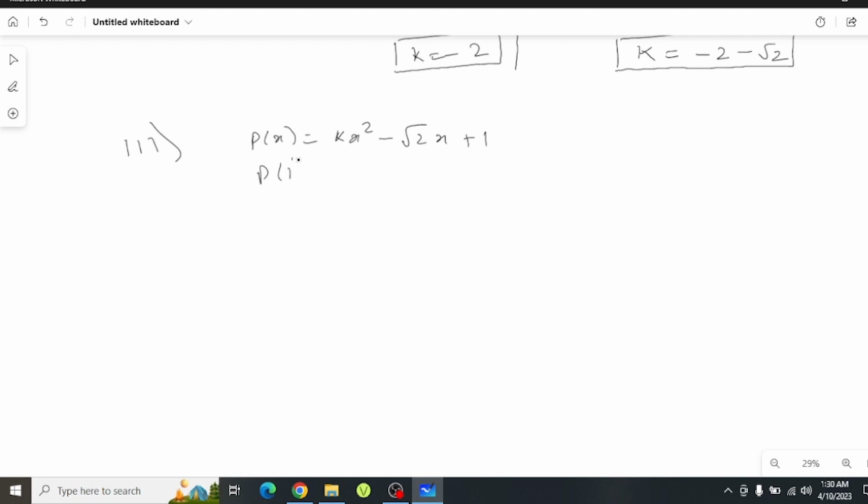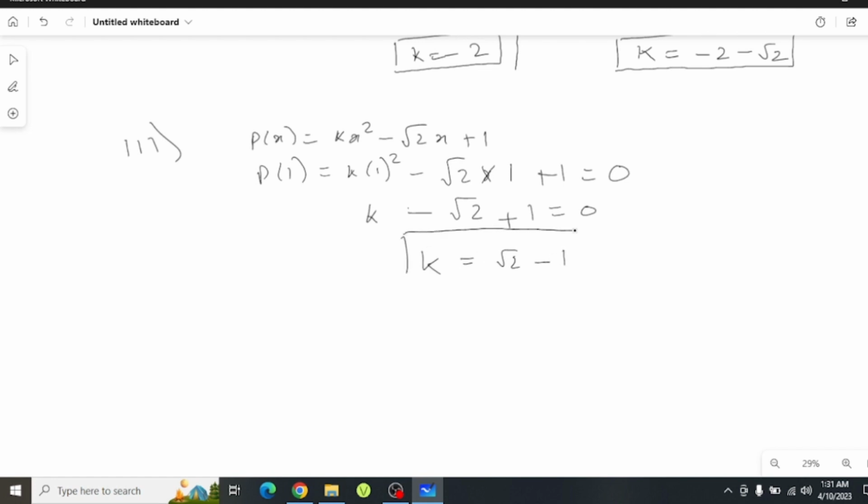We will put 1 in place of x, so it will become k minus root 2 plus 1 equal to 0. So the value of k is root 2 minus 1. Okay, so the fourth part you can attempt by yourself.